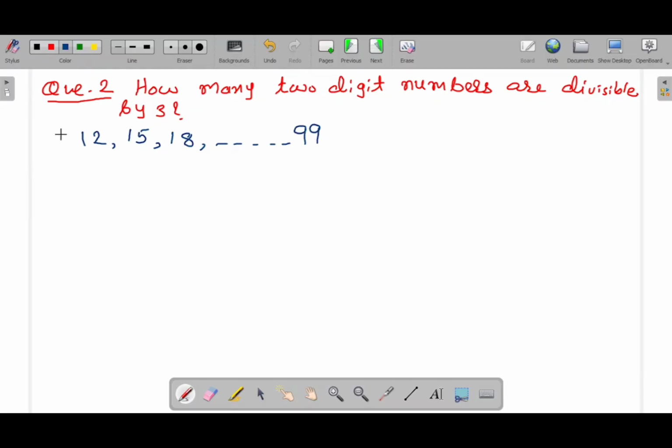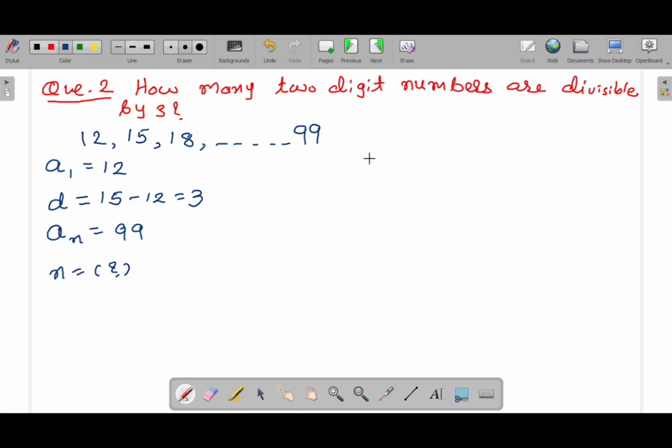So now I have some data with me. First of all, I know A1, the first term, is 12. I know the common difference D. It is 15 minus 12, which is 3. I don't know N, but I know AN, the nth term, is 99, and my question is to find N.